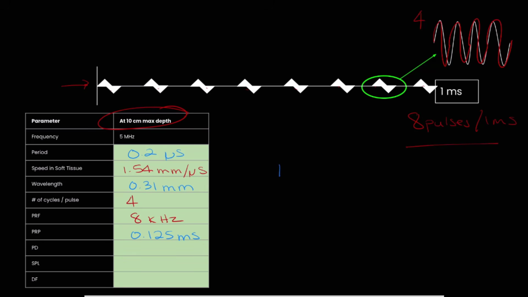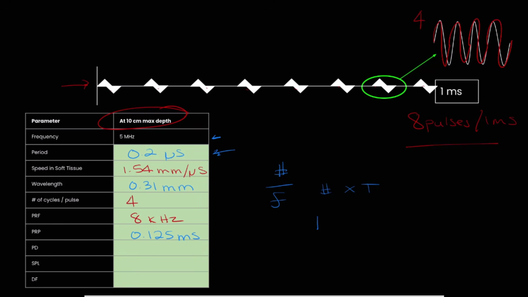We could do number of cycles divided by the frequency of the wave, or we could do number of cycles multiplied by the period of the wave. And we already calculated both of them. We have the 5 megahertz and we have the 0.2 microseconds. For ease, I'm just going to do the number of cycles divided by the frequency.